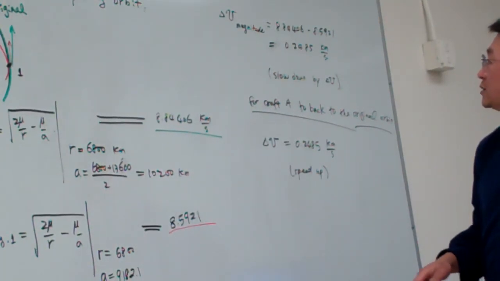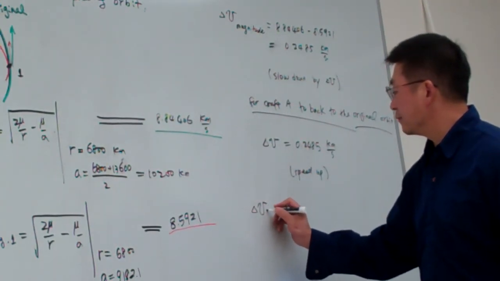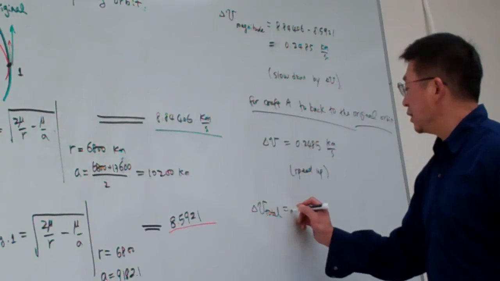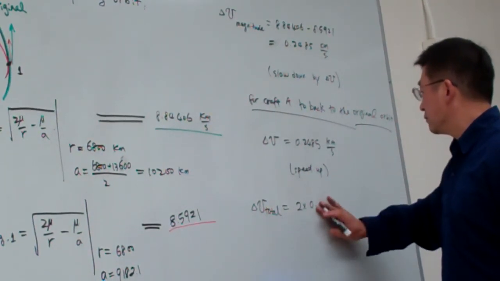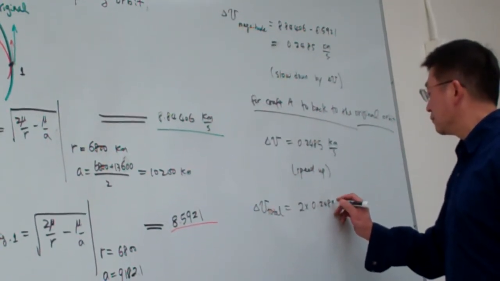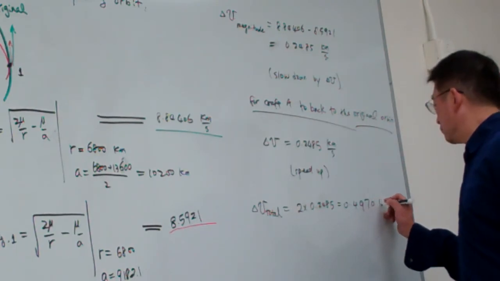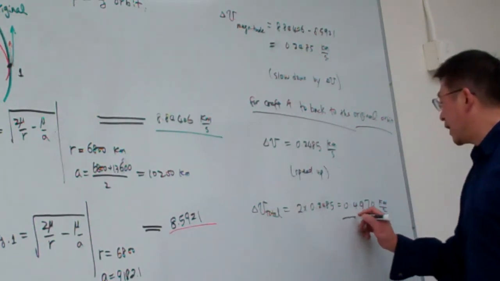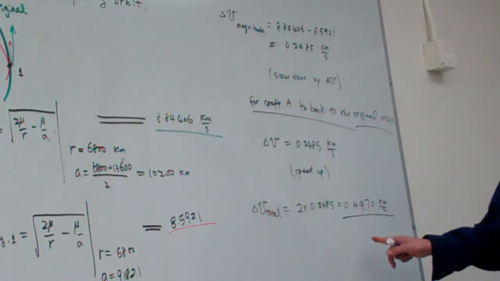In total, the total delta V is 2 times that. That is the information for mission control planning.